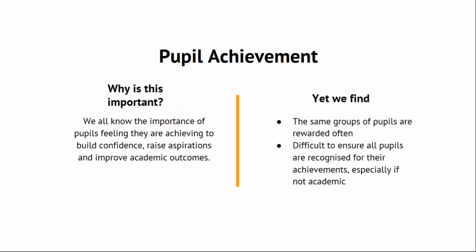It hugely helps with confidence, it raises their aspirations, and that directly links to improving their academic outcomes. A pupil who's not motivated, who doesn't feel like they're working towards a goal, will not be motivated to come to school, will not be motivated to do well. And so it's really important that all our pupils feel as if they're achieving in school.